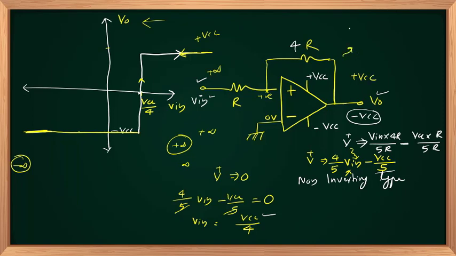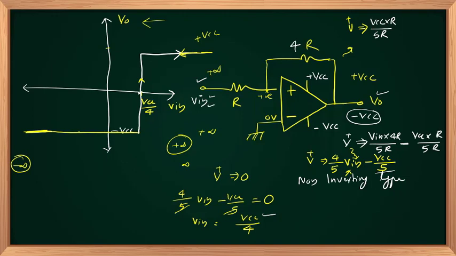That will give me a V plus value that's equal to: output is plus VCC, so plus VCC divides between R and 5R, so VCC multiplied by R upon 5R.